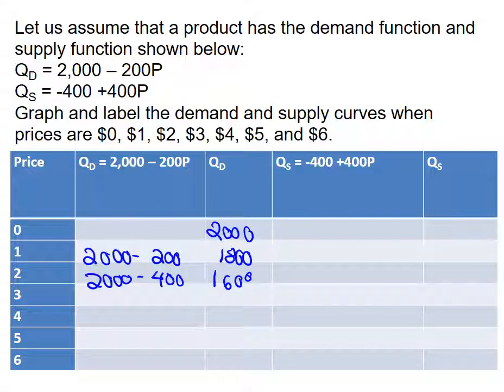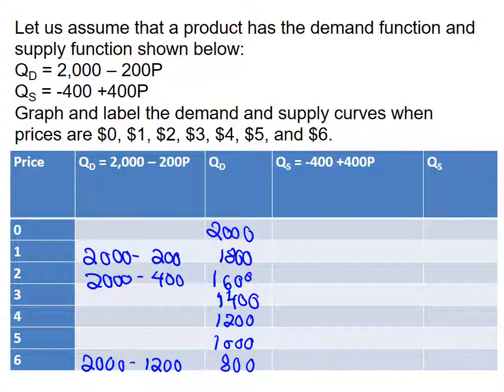We can see that it's going down by 200 each time, so I'm just going to carry the same pattern downwards. And then I'm just going to double check that I haven't made any mistakes and do the last thing with the math. So 200 times 6 would be 1,200, leaving us with 800. Yes, our pattern does hold.